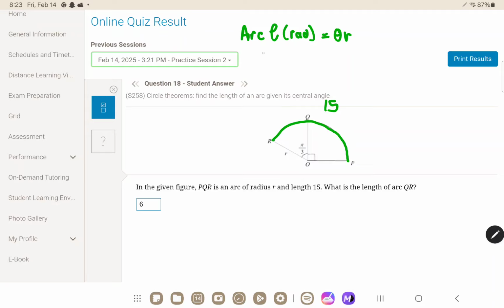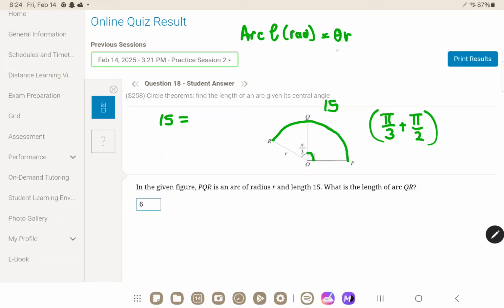The arc length is 15. It's equal to theta. What is theta? We know 90 degrees, which is a right angle, is in radians pi over 2, plus pi over 3. So this is your angle.